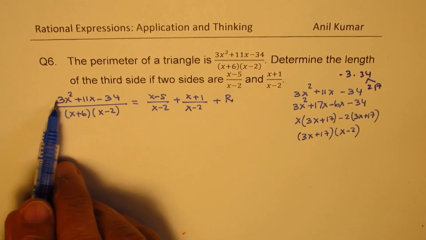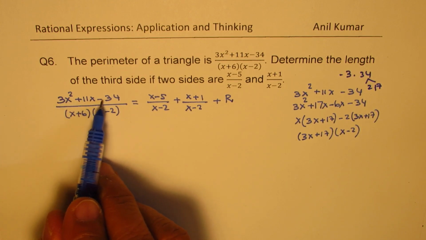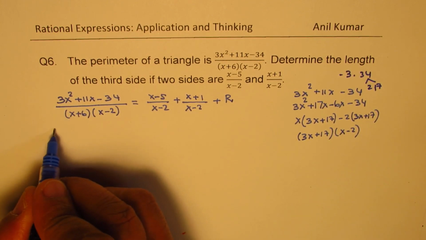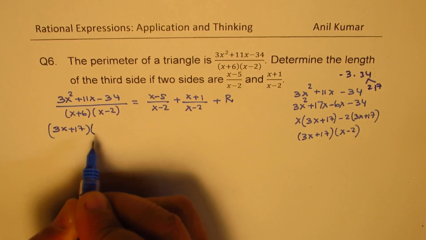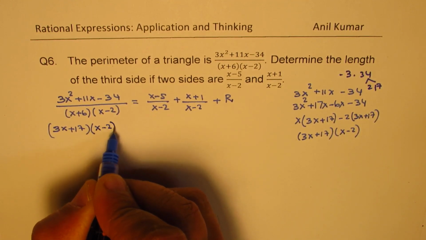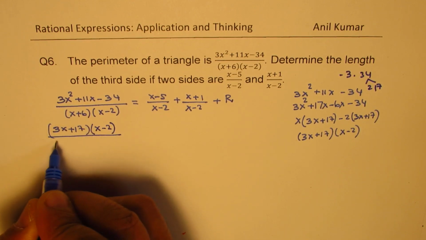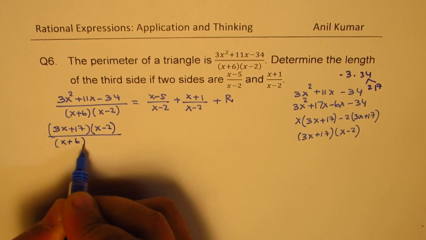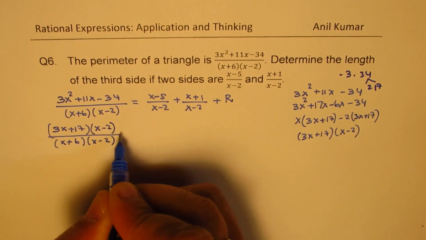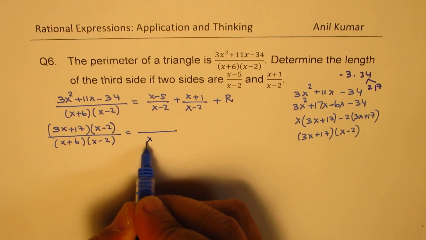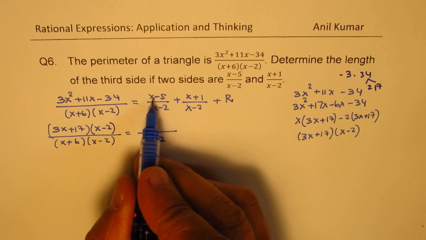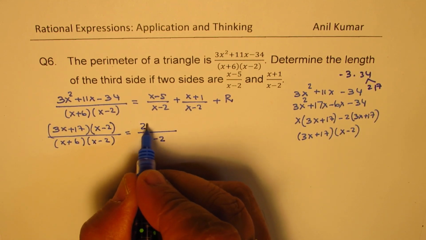So that is what we can do for 3x squared plus 11x minus 34. I'm writing this as (3x plus 17)(x minus 2), right? And here we have a denominator which is (x plus 6)(x minus 2). Now here we can take x minus 2 common for these two terms, and we are left with 2x minus 4, plus r.